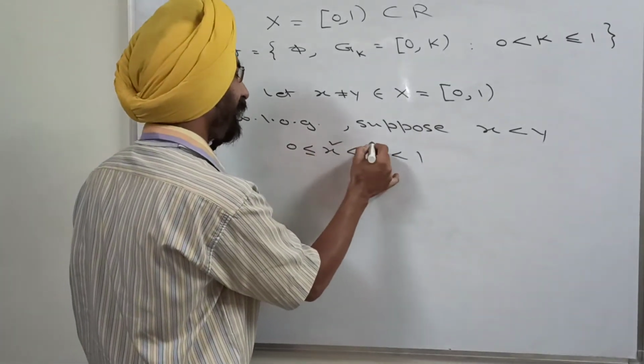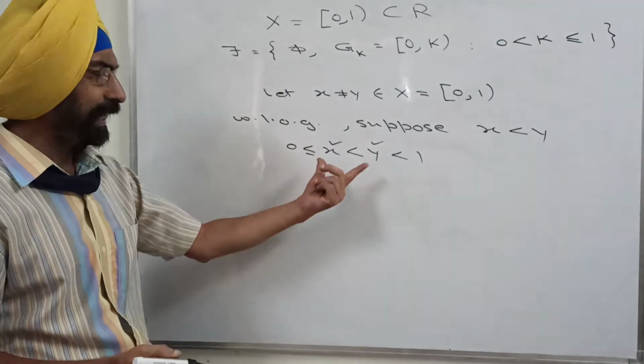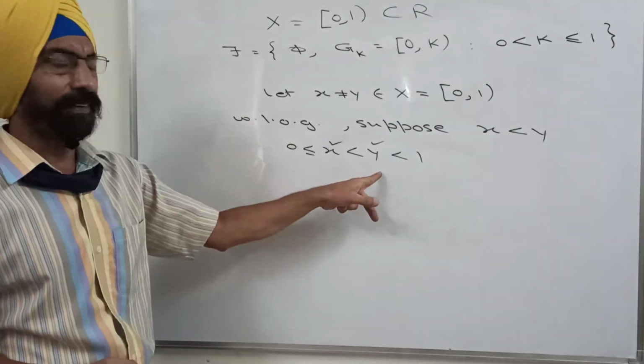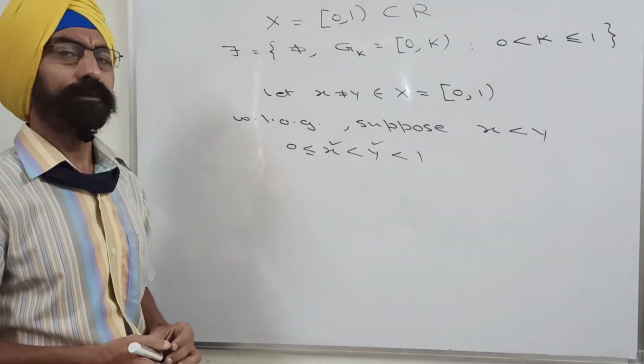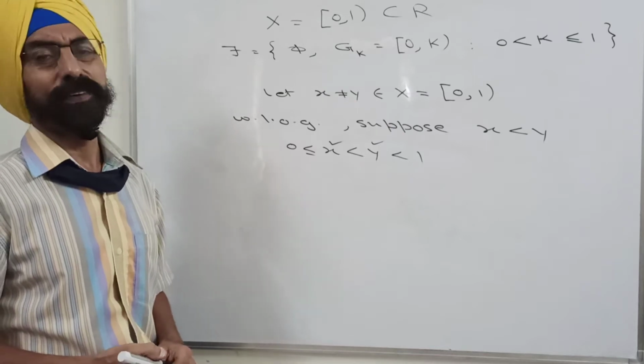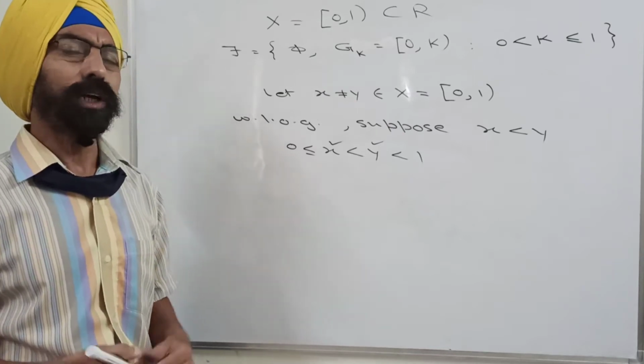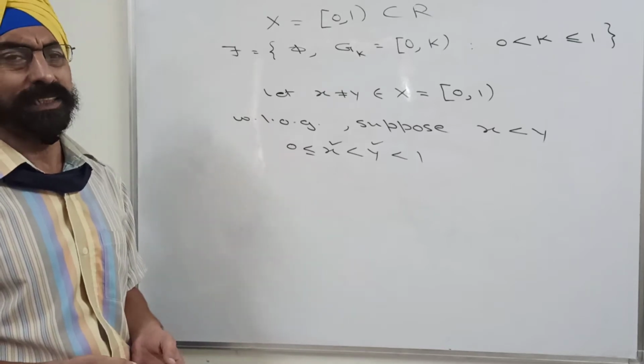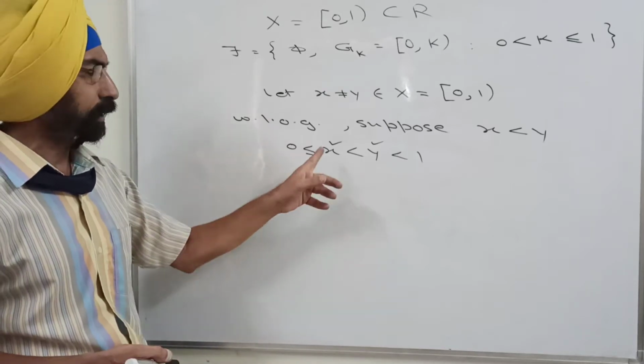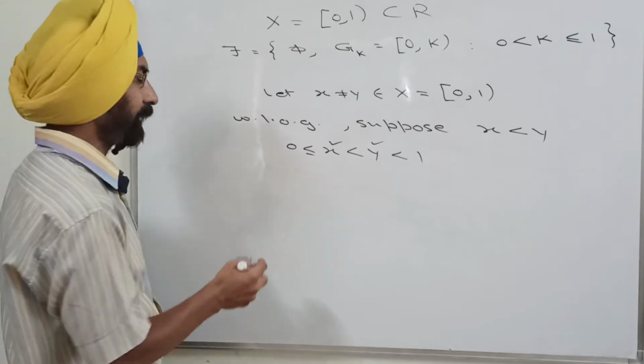Now x and y are both real numbers, x is less than y, they are not equal. Therefore, we know that between two real numbers there are infinitely many real numbers. So let us choose any one of these infinitely many numbers between x and y. Let it be k.